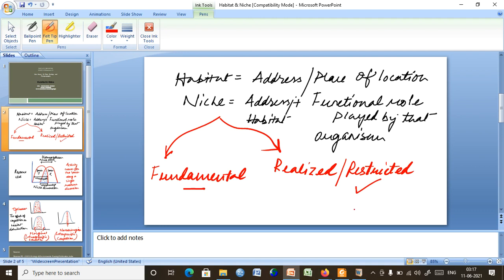So in certain cases, that is in the realized or restricted niche, they have less area than in the first condition.